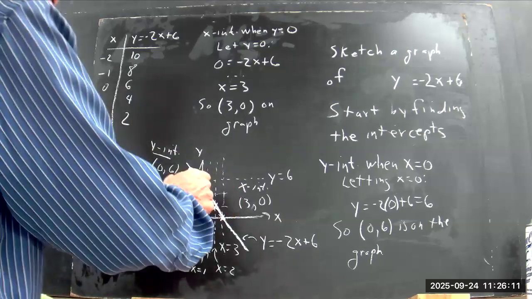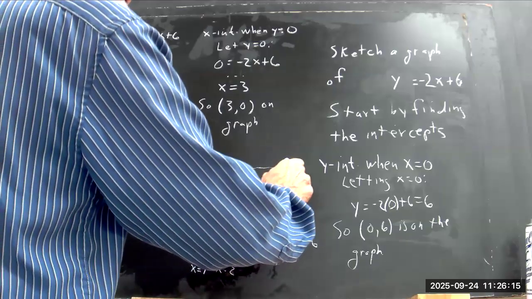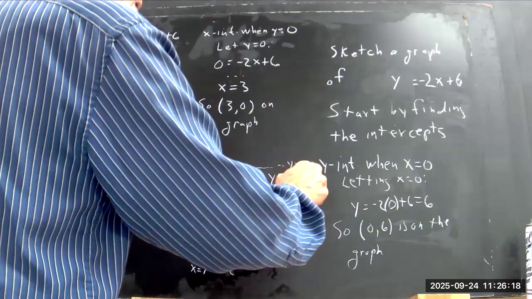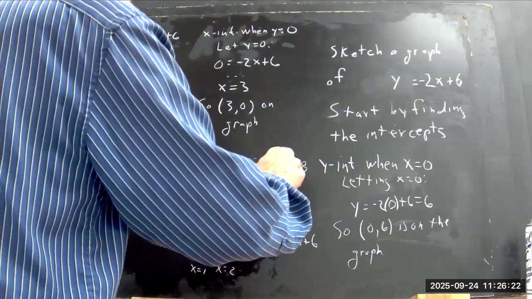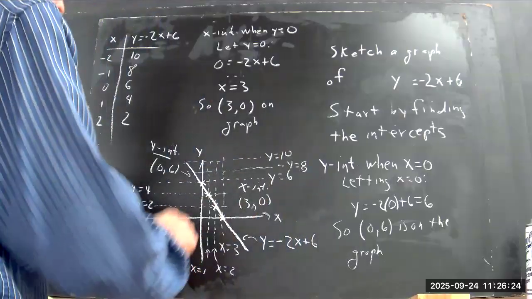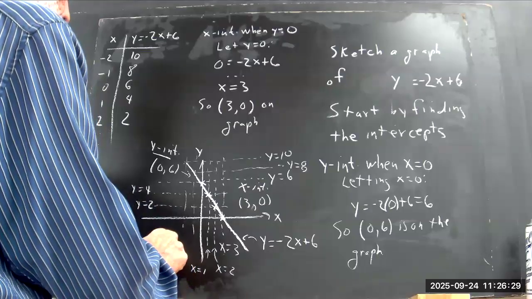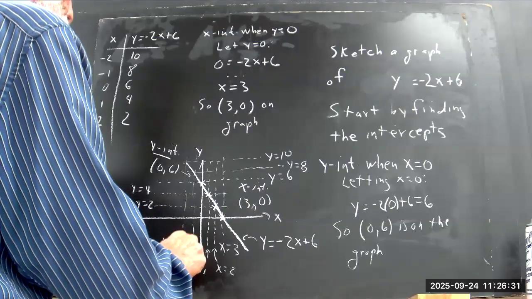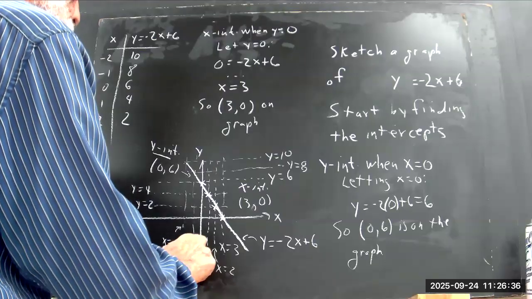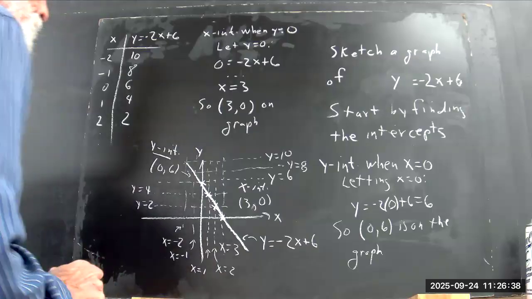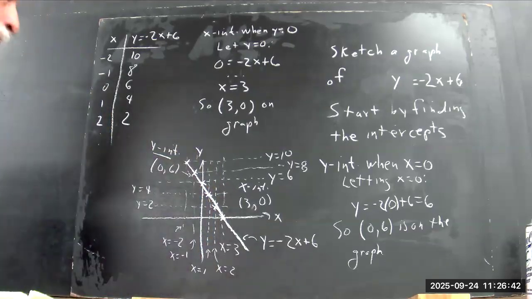Okay, so anyhow, we could label y equals 8 and y equals 10, and then x equals -2, x equals -1, and we get a point here and a point here.